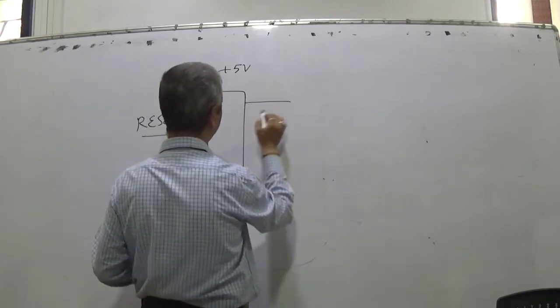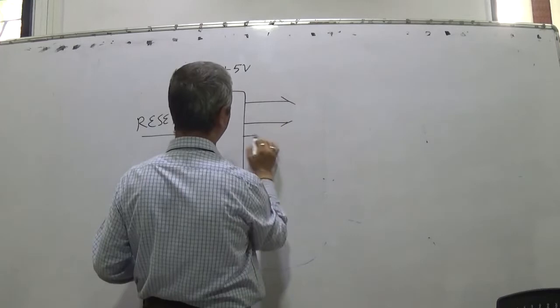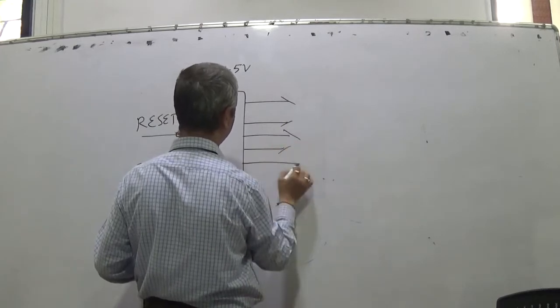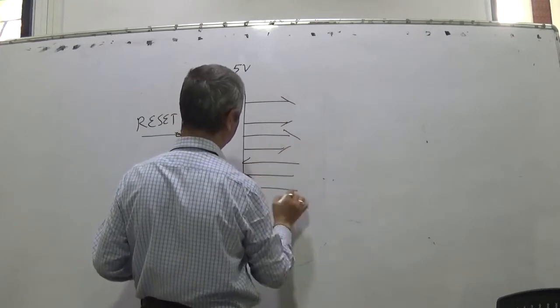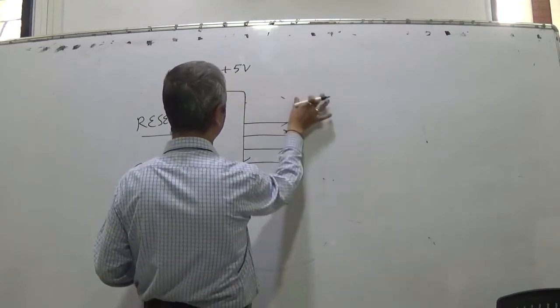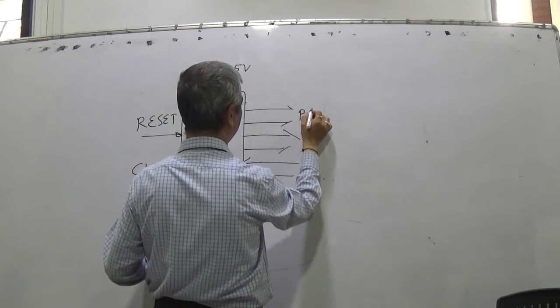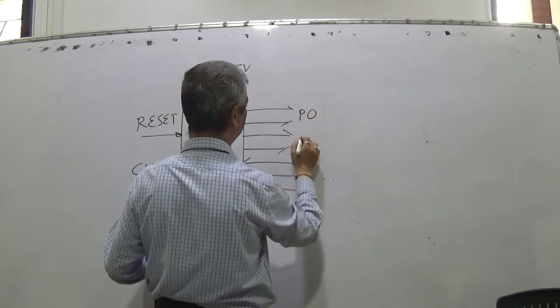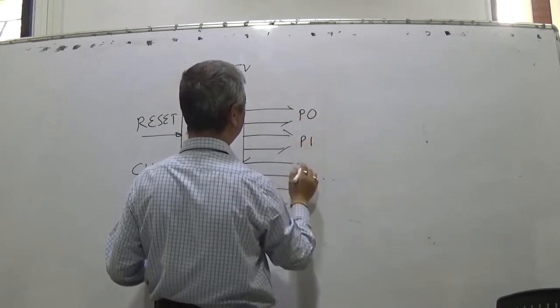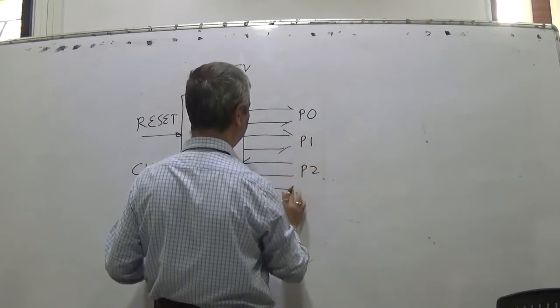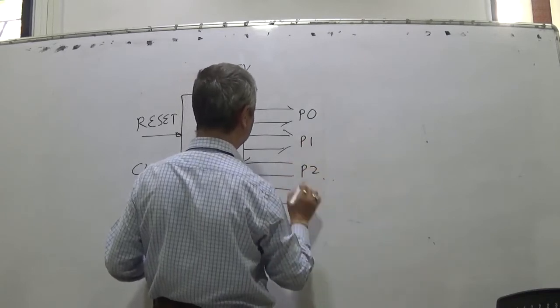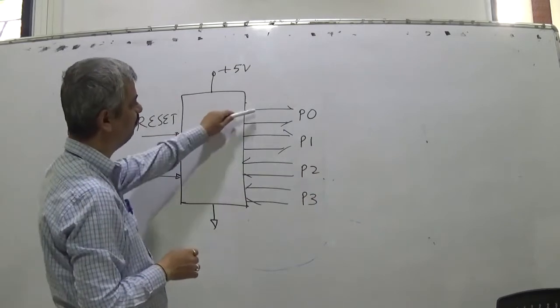And so this is port 0 output, port 1 output, port 2 input, port 3 input. So these are 4 memory locations.